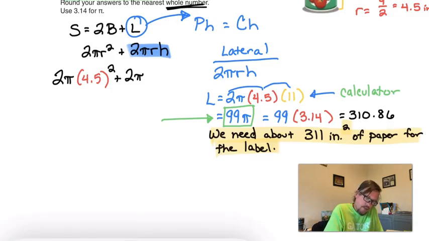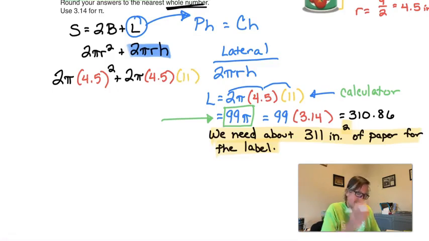You could just write your 310.86 because we already calculated it, but let's just go ahead and do the whole thing just for funsies. Because who doesn't like doing extra math?